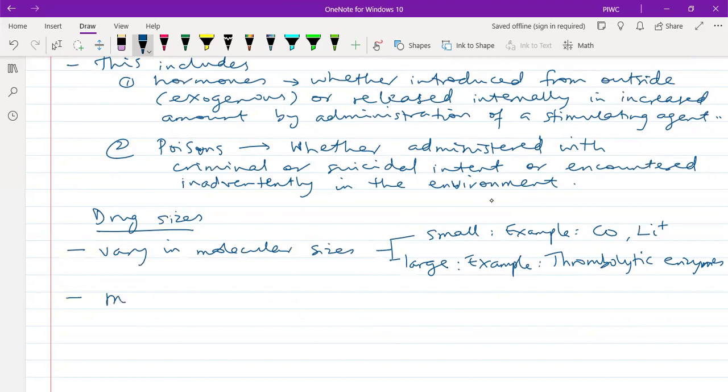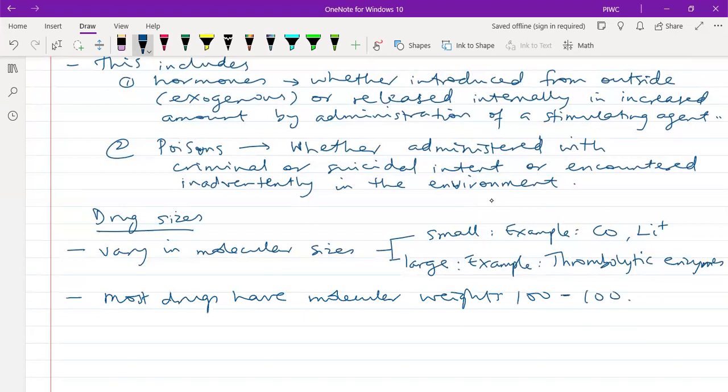Most of the drugs will have molecular weights between 100 to 1,000. All right.